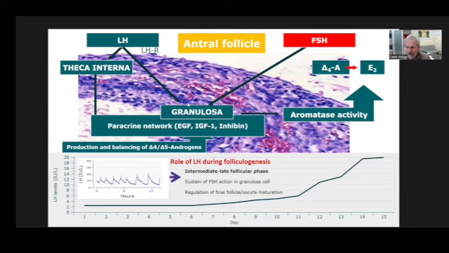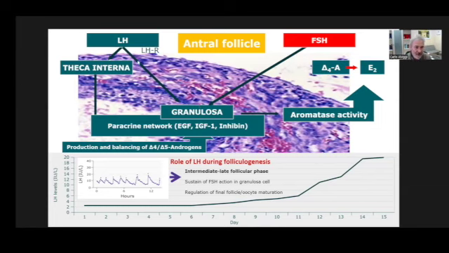But we understood something in the last years. The first information we needed to have is that at the receptor level, the two gonadotrophins link different receptors. But in granulosa cells, the activity of these two receptors can converge in similar transduction pathways.